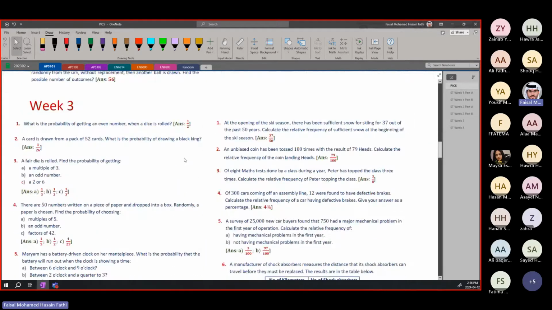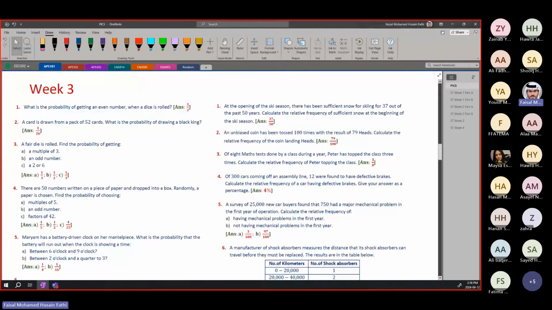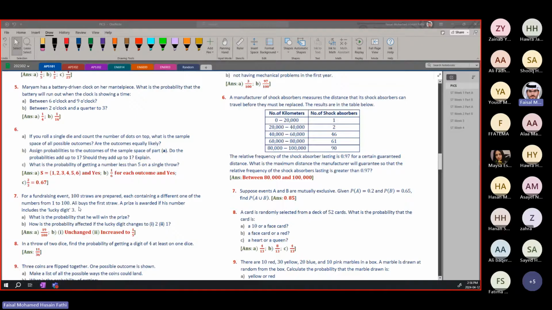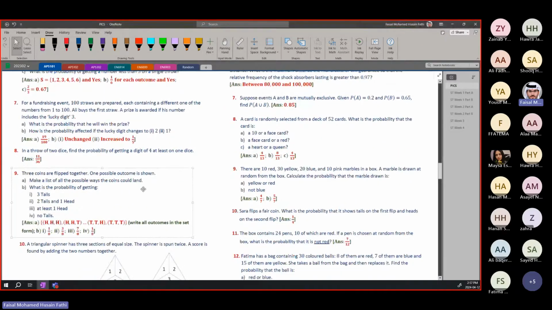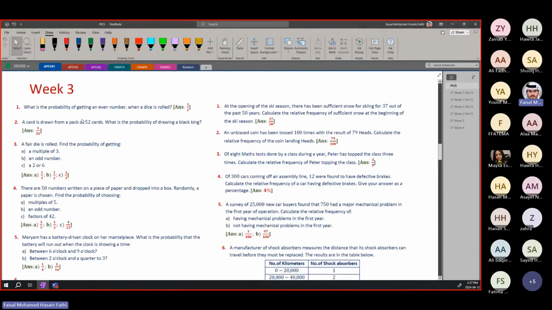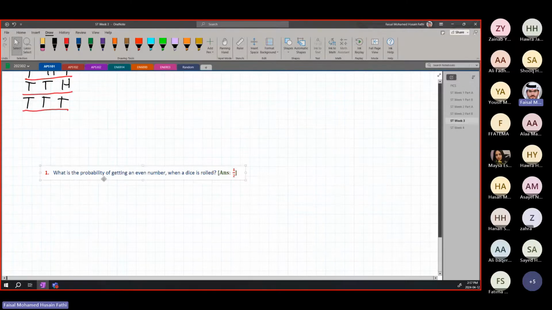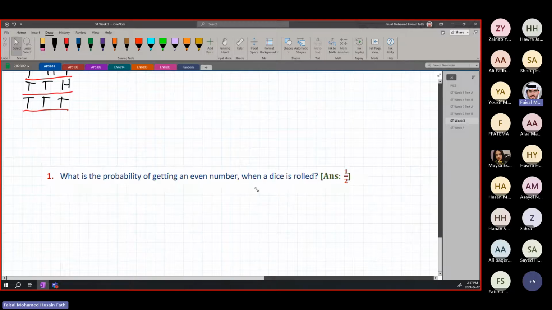Let's go to solving some of the basic questions that I have seen, like question 9, okay? These are very easy. I'm not going to go over all of it. Yani, for example, let's look at the very first one, just as an example, from Week 3, just to show you how easy these are.